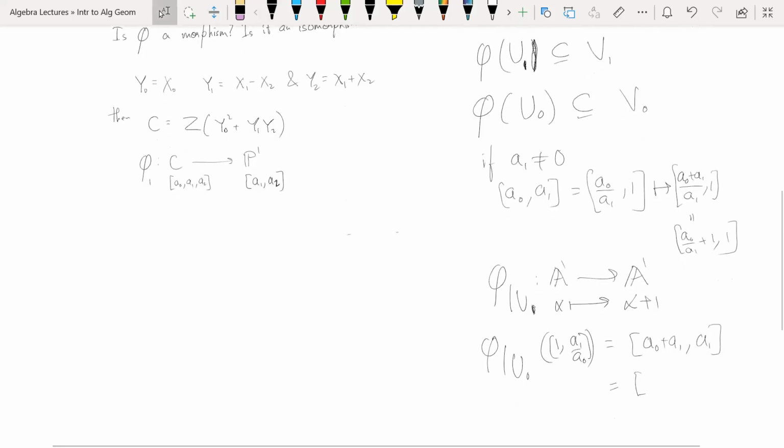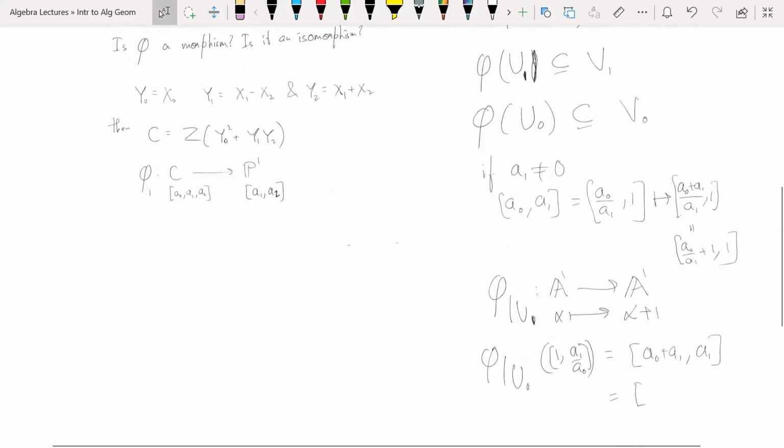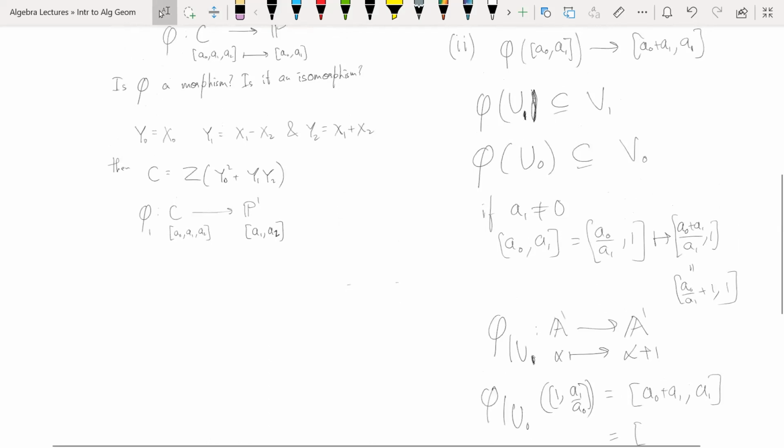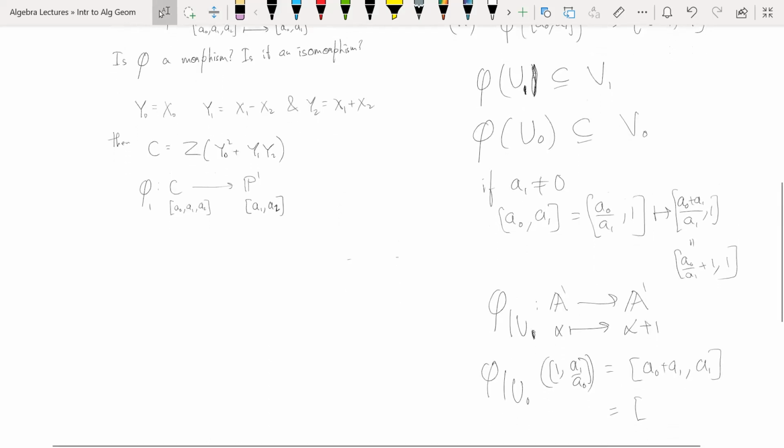So why is phi of u0 contained in v0? A0 plus 1 can be 0. A0 is not 0, right? But A0 plus A1 can be 0.